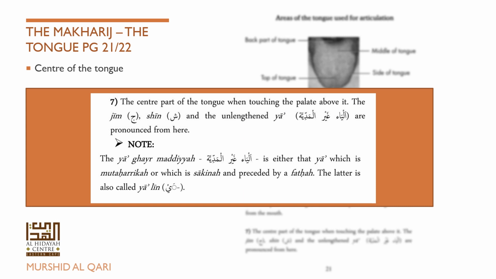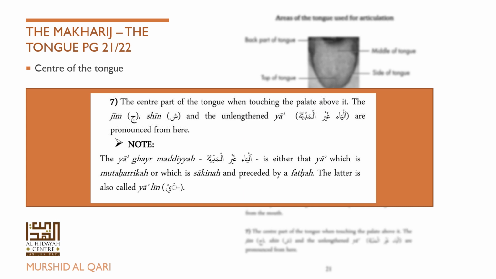So we apply the formula. We want to test jim, we make it sakin preceded by a hamza with a fatha. So aj. There's no tip of the tongue involved in the letter jim. The center part should rise up and touch the palate. Aj, ij, uj. Or we make it mutaharrik, ja, ji, ju. We can try it with sheen as well.